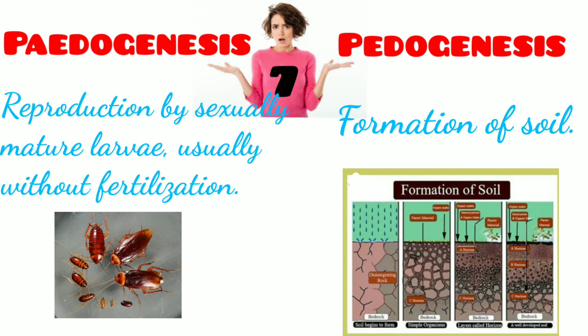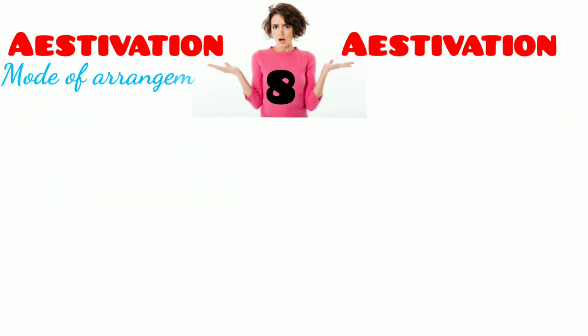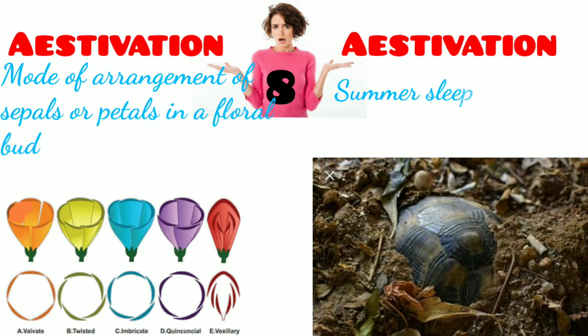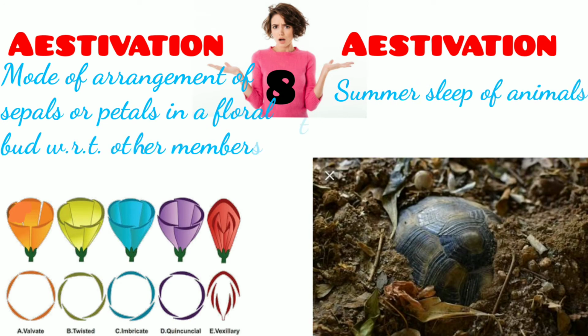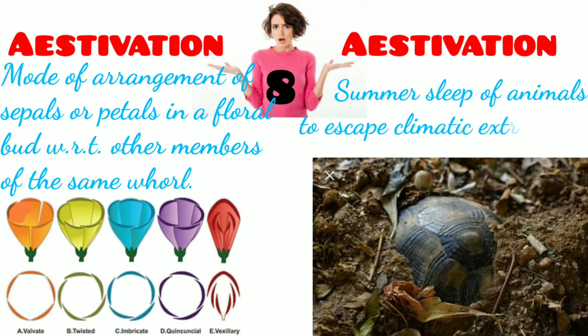And the next word that we have is aestivation and estivation. Well, it's the same word, but it has 2 different meanings in biology. The first meaning that we study in plant morphology is the mode of arrangement of sepals or petals in a floral bud with respect to other members of the same whorl. You might have studied about the valvate aestivation, imbricate aestivation, etc. in the morphology of flowering plants.